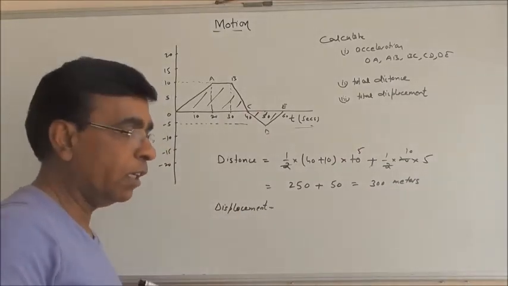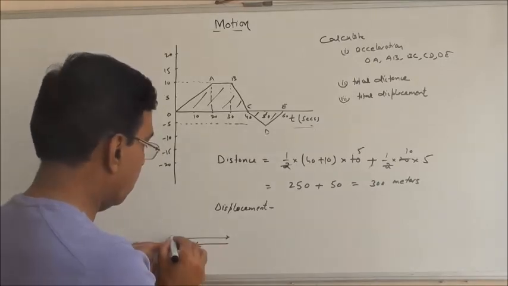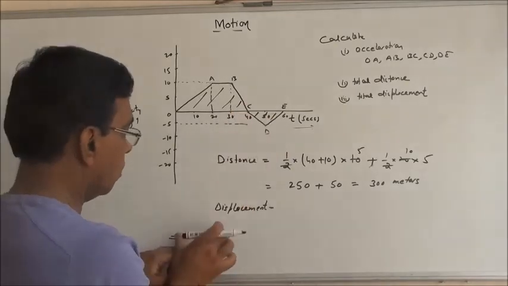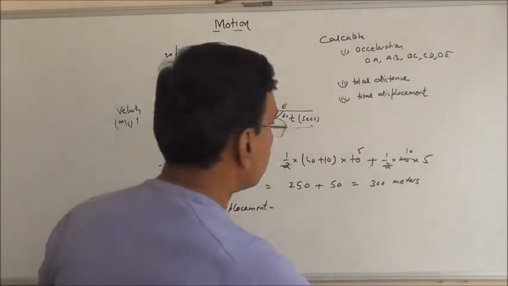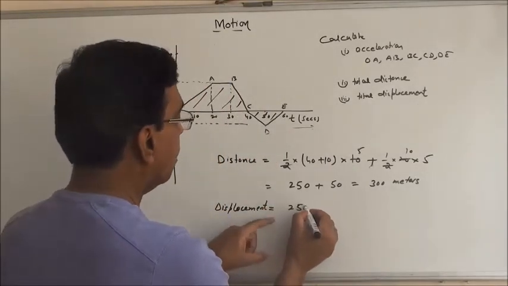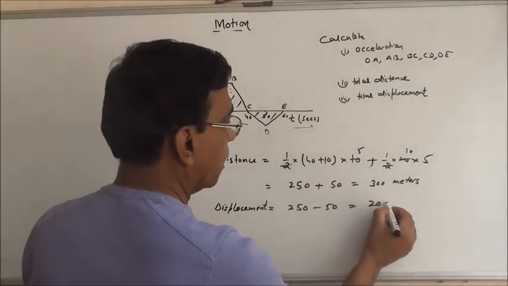So for calculating displacement, this minus this. This is the area and this one is this area. So this minus this will give me the displacement. I can use these results only. This area is 250 and this is 50, so it is 200 meters.